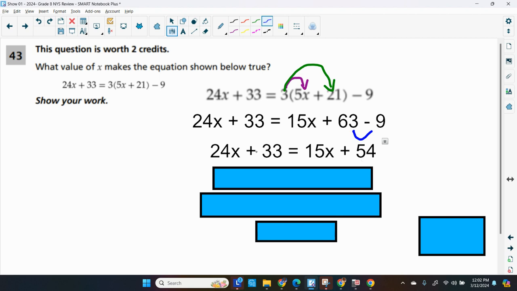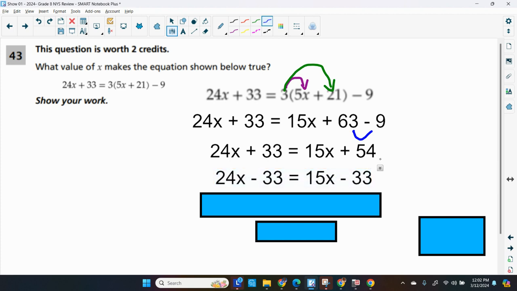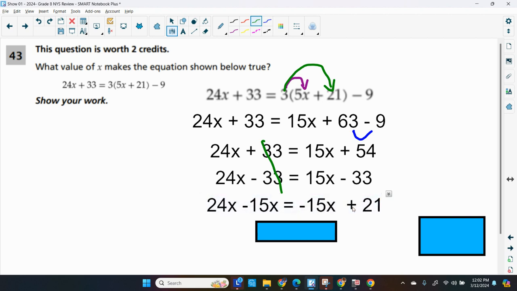So let's take the additive inverse of 33 and move it over to the other side as well. That cancels out the 33 on the right side, and now on the left side we have 54 minus 33, which equals 21.